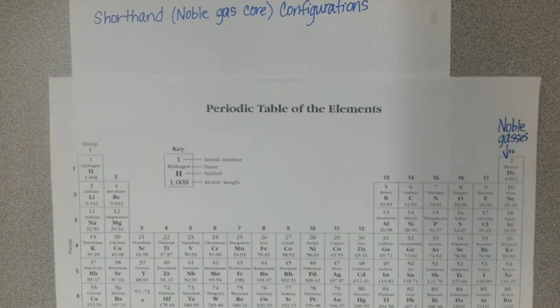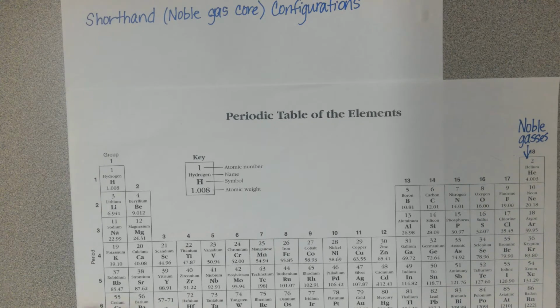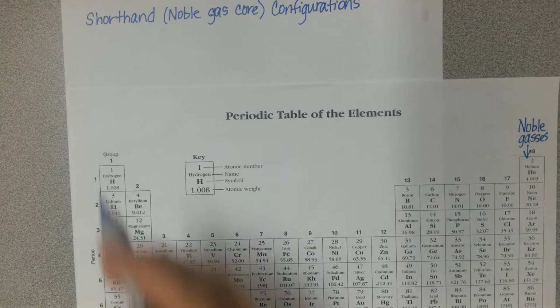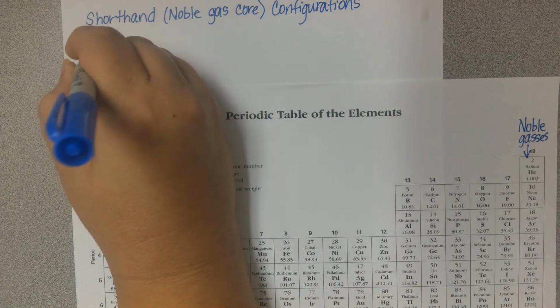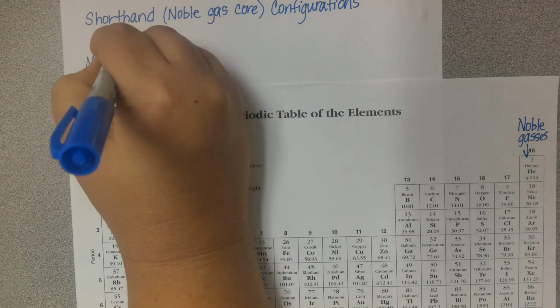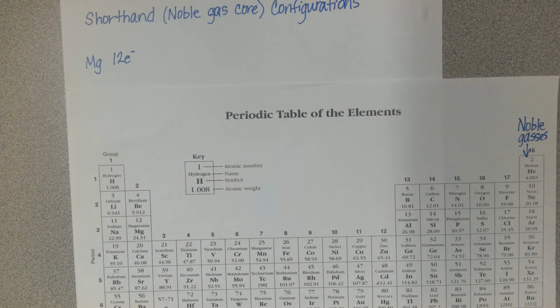So to get started, we're going to write two electron configuration notations. And so we're going to write the configuration for magnesium. Magnesium has 12 electrons. Its atomic number is 12. So we've got a neutral atom, so we have 12 electrons.